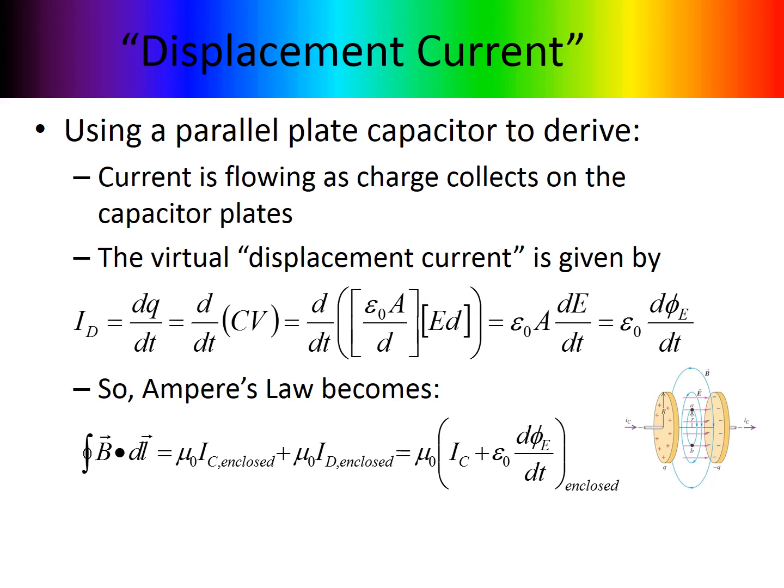So this accounts for displacement currents and for conventional currents. In other words, it accounts for real currents and for changing electric fields. And it's saying that either of those two things will generate a magnetic field. Currents generate magnetic fields. Changing electric fields generate magnetic fields. Interesting.